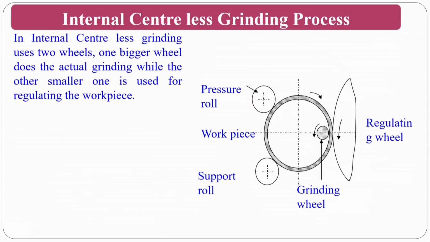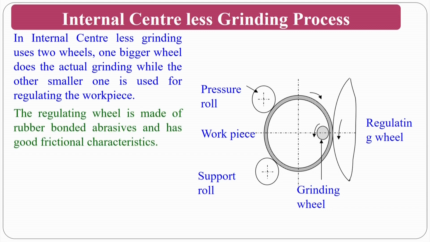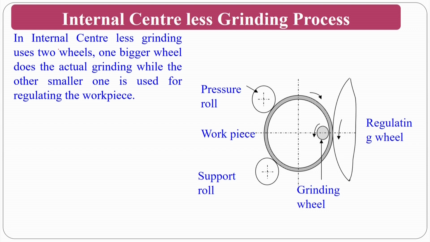Another one is internal centerless grinding, where there are 2 wheels. One is a bigger wheel, which is actually the grinding wheel, while the smaller wheel is used as a regulating wheel. So, this is the regulating wheel actually, and the pressure rolls and supporting rolls are there.